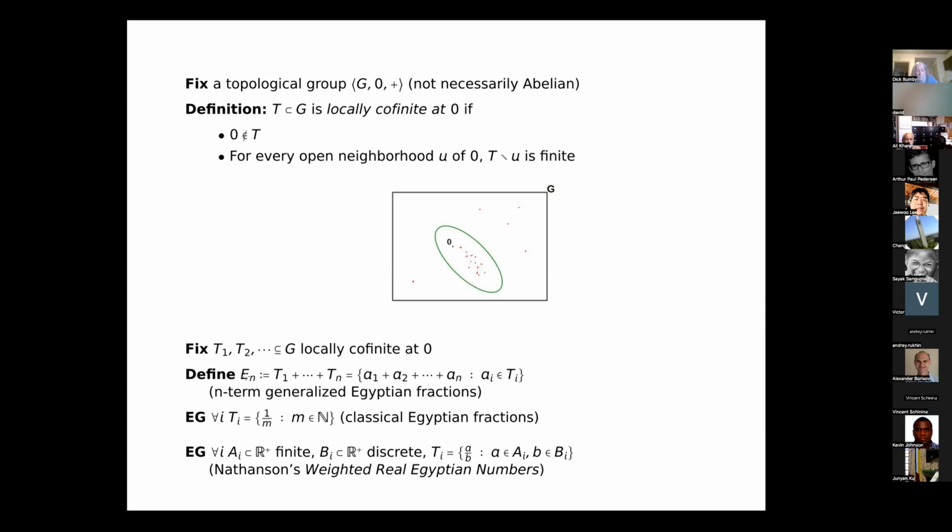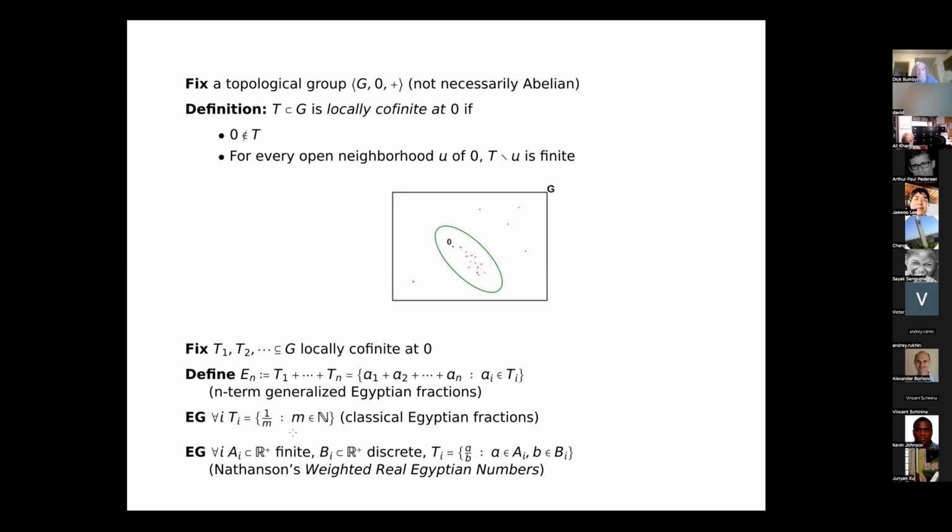And for any n, you take a look at the sum of the first n of those sets. So you look at the set of all sums of n numbers for which each a sub i is in T sub i. And I'm going to call those, just for the sake of this talk, n-term generalized Egyptian fractions.